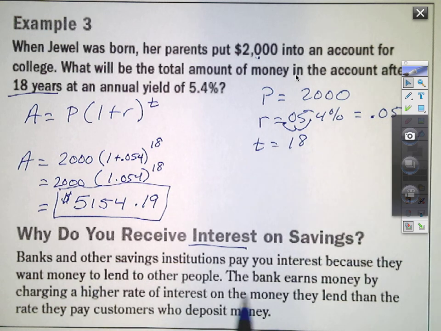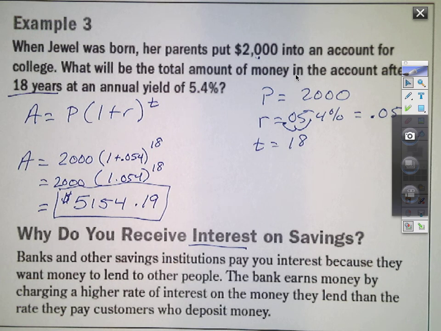Why do you receive interest on savings? Here is why banks give you interest on savings. Banks and other savings institutions pay you interest because they want money to lend to other people.